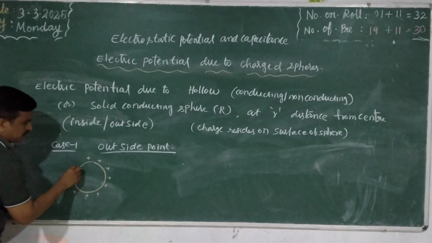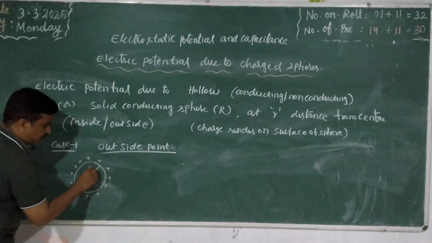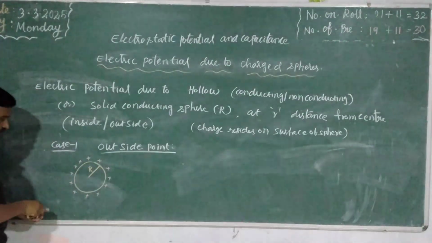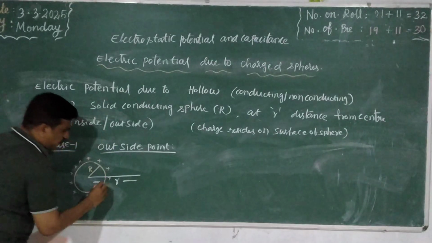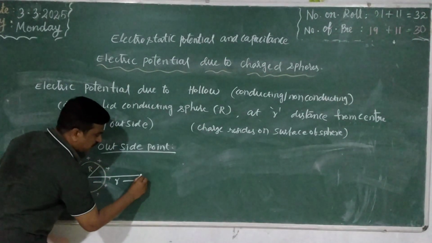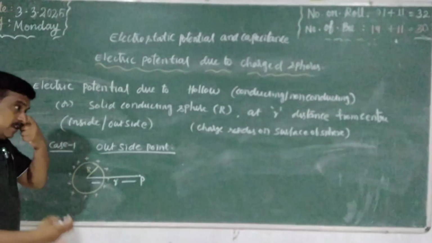Its radius is capital R. At a distance from the center, at this outside point, what is the electric potential? So that we find out. For defining or deriving electric potential, definitely we want two points.